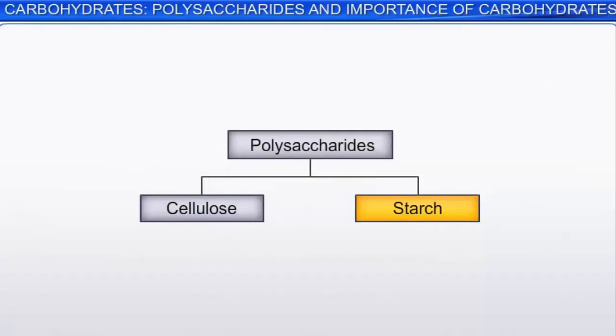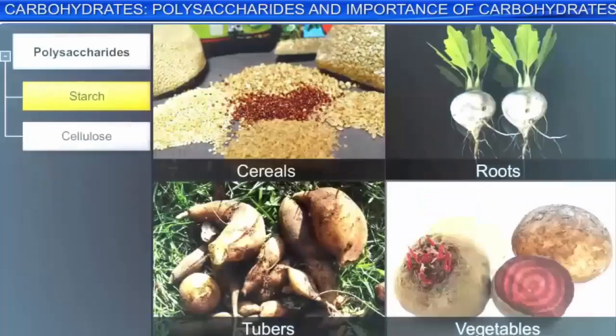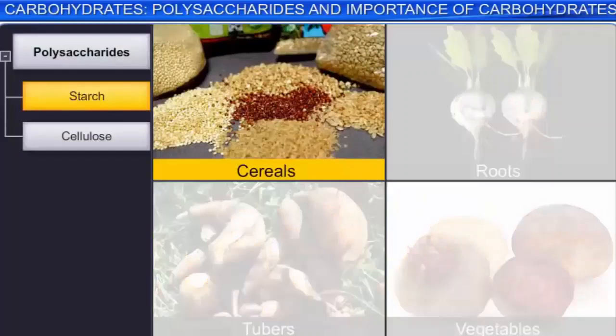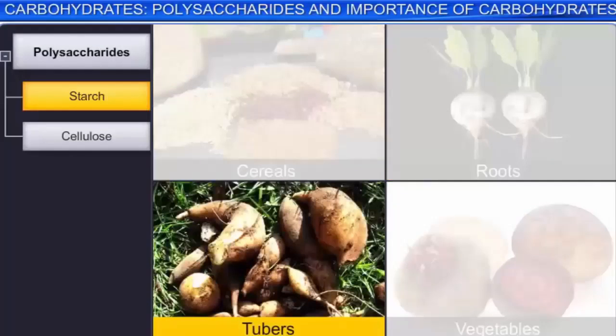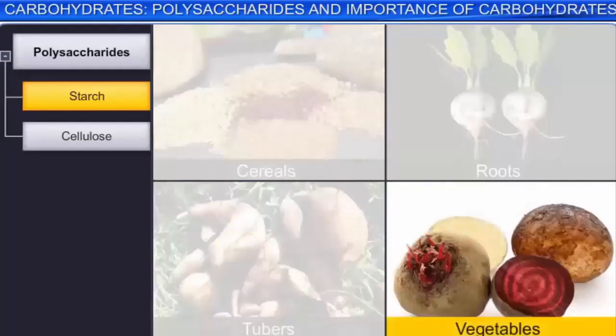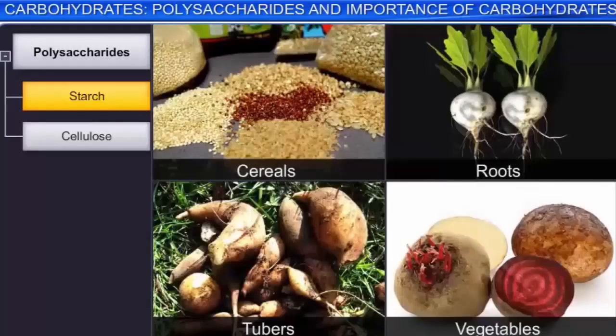Starch is the main storage polysaccharide of plants. Starch is found in cereals, roots, tubers, and some vegetables, and is used as an important dietary source for human beings.